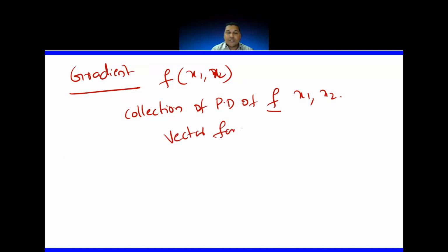Given a function, whatever we have seen till now, if you represent that in vector form, that vector is called the gradient. So I will say gradient is nothing but a collection of partial derivatives of the given function f with respect to all the variables. Like if it is dependent on two variables x1, x2, this is called the gradient.